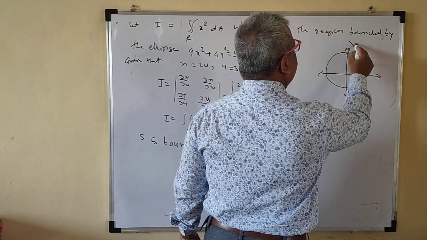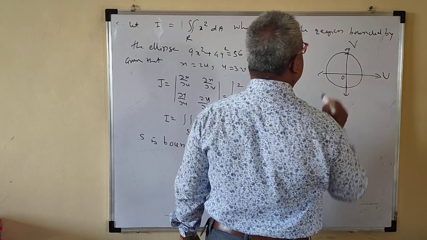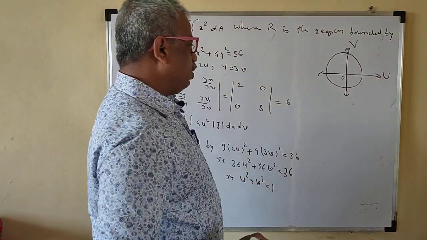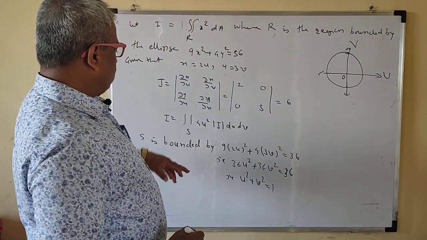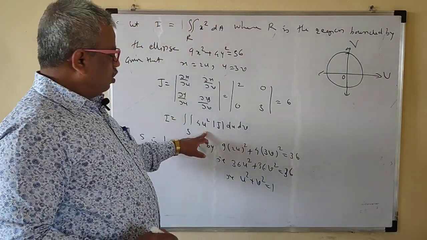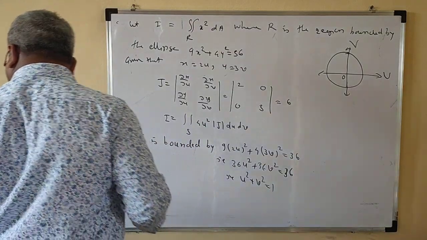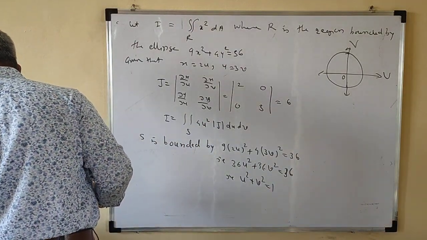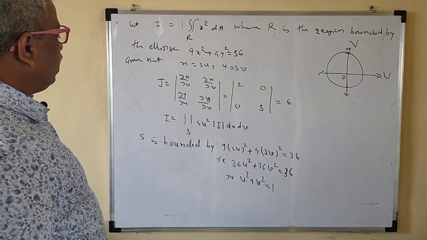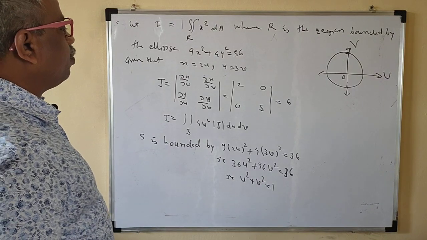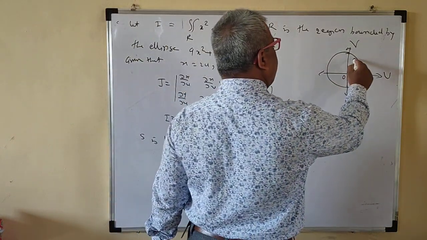Okay, now this is your v axis, this is your u axis, this is origin. Okay, now we'll draw this in parallel. Now see, so what is this? This is a function of u. Okay, so it is better to integrate this with respect to v now. So that means we will draw the strip parallel to this.